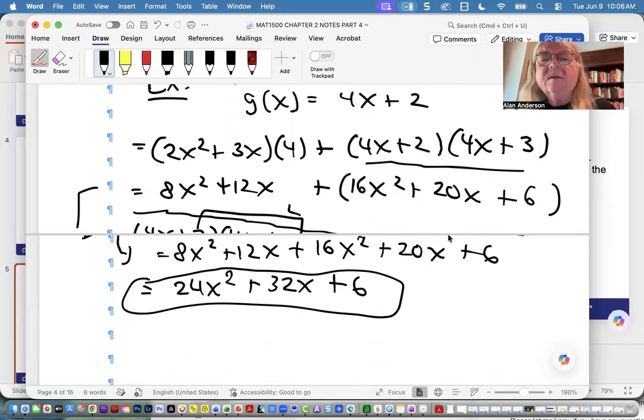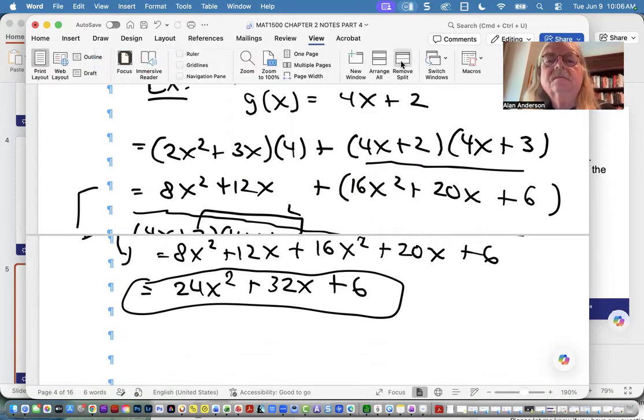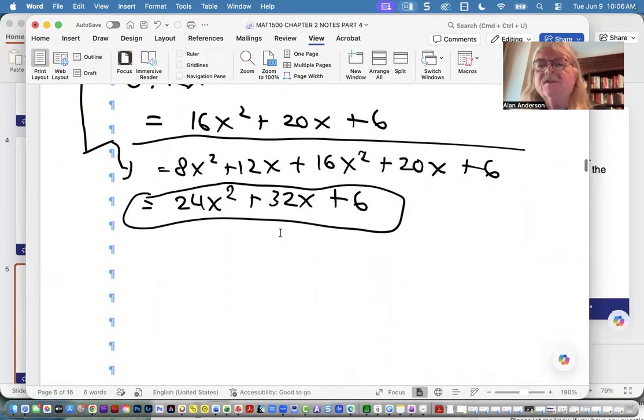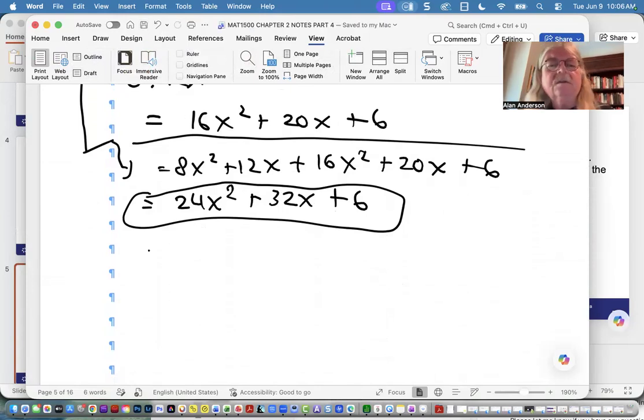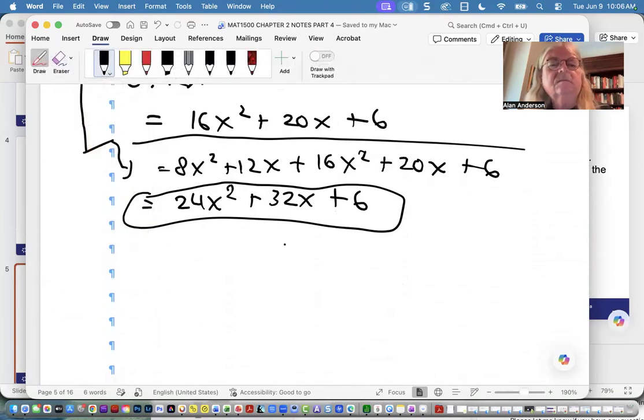Now we can do the same thing with the quotient rule. We just remind you, on the Mac, you have to hit the remove button. On the PC, you can just double click that. Okay. So let's go back to the slides and look at the quotient rule.